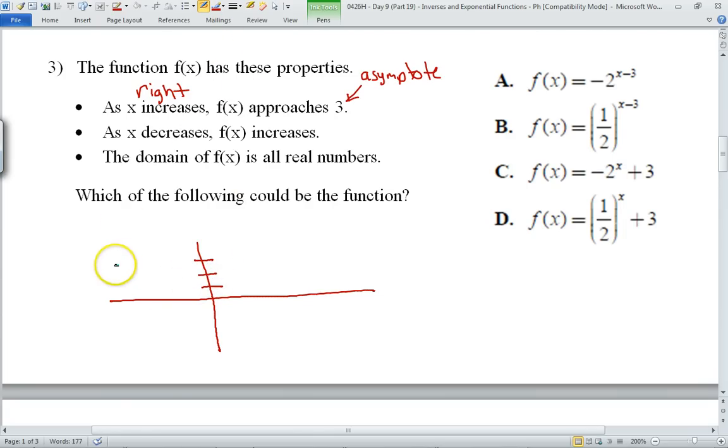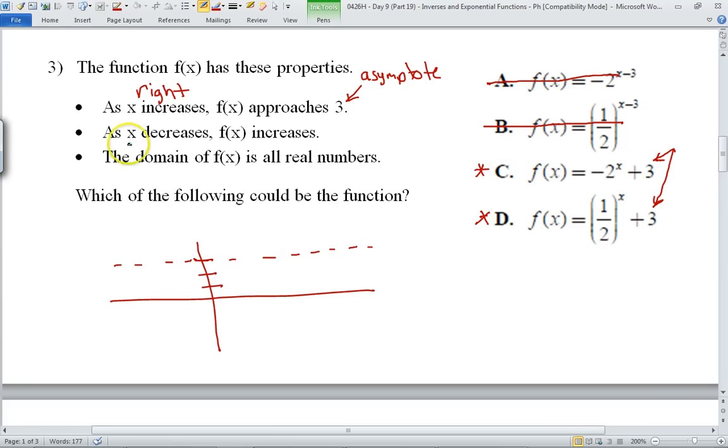Just knowing that there's an asymptote at 3, because this graph has to approach 3 as we go to the right, right away that narrows it down to which 2 choices. Which 2 of these have an asymptote at 3? So far that narrows it down to either C or D. Those are the only ones that have an asymptote of 3. Okay, so we know it's not A and it's not B. We can get rid of that.